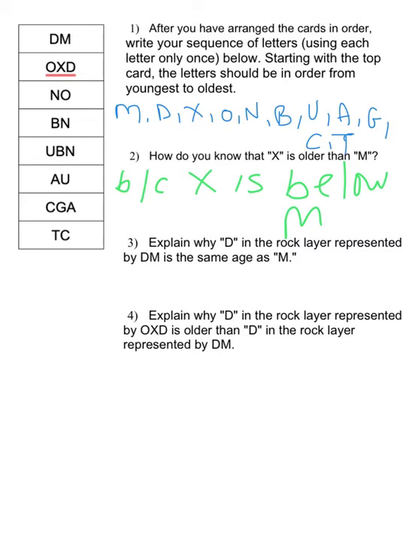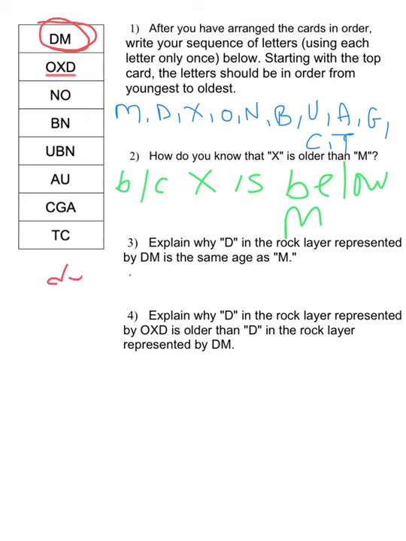Number 3, explain why the D in the rock layer represented by DM is the same age as M. Alright, so let's talk about this top layer here. That would be because they were deposited and put down at the same time.